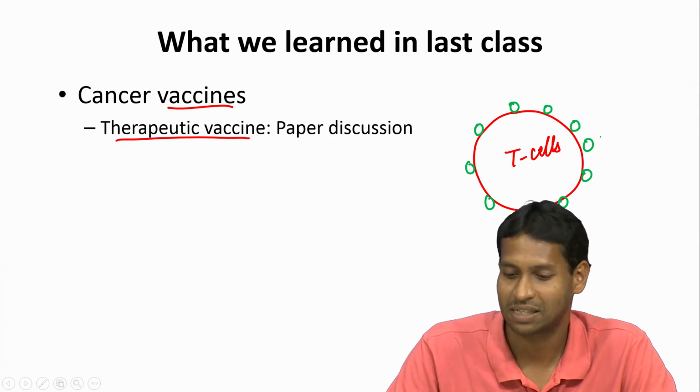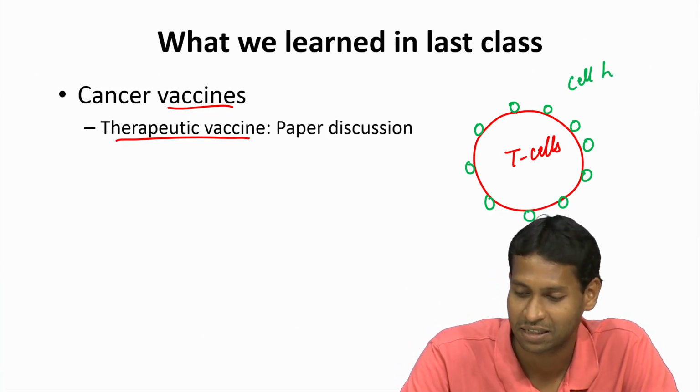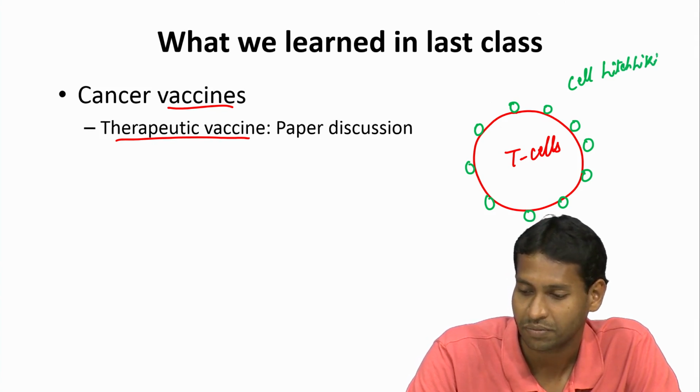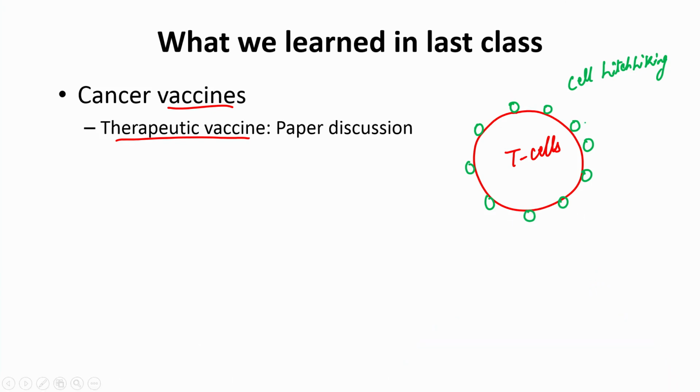This is nothing but cell hitchhiking, as we had already discussed quite a few classes back, in which the particles were tagged onto the cell membrane and the cells took them wherever they were going, and these particles were carrying various kinds of molecules.